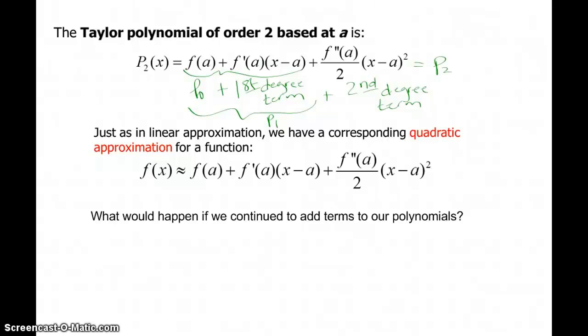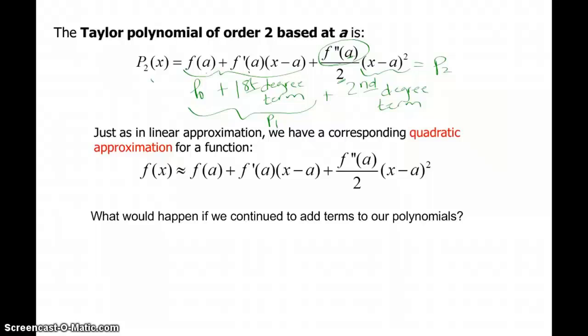This is y equals y sub 1 plus the derivative, the slope at the point of tangency, times the quantity x minus x1. The next one is the 2nd derivative evaluated at the point of tangency, divided by 2, times the quadratic term, x minus the point of tangency, quantity squared.